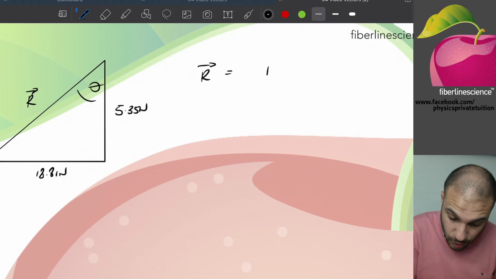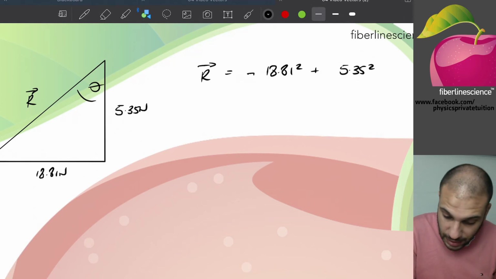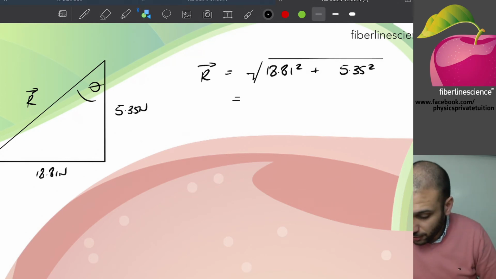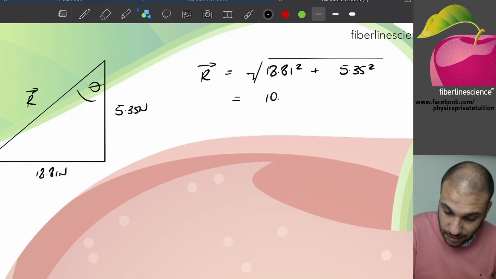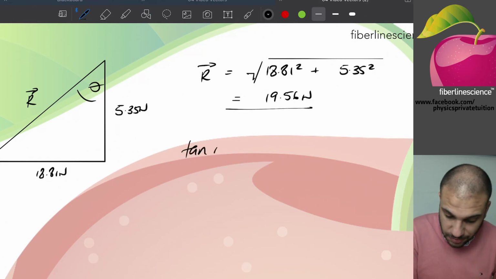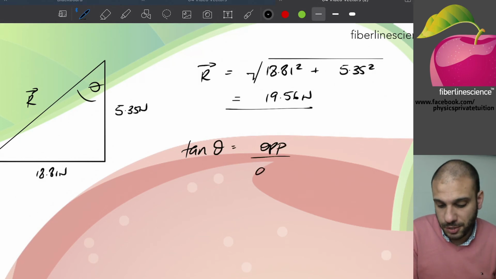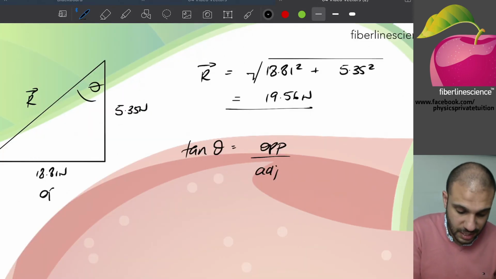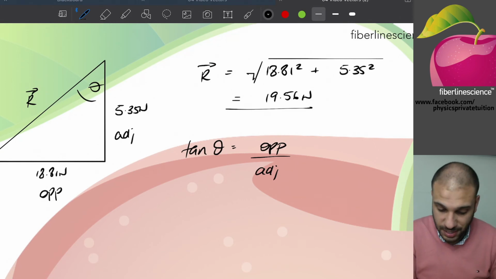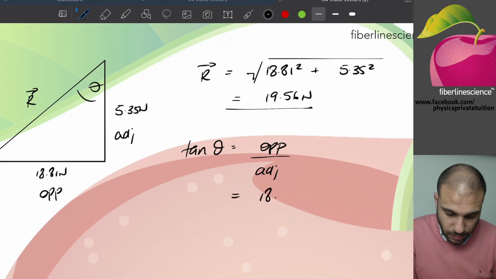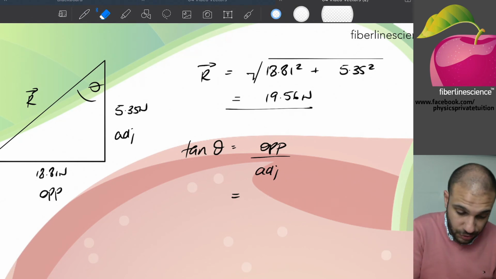So R is the square root of 18.81 squared plus 5.35 squared. That comes to 19.56 newtons. That's not our final answer; we need to find the angle. Opposite on adjacent: our opposite is the 18.81 and our adjacent is the 5.35.